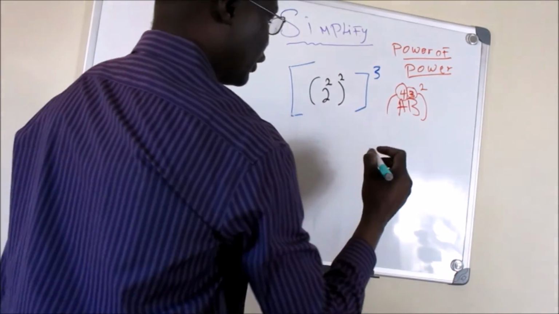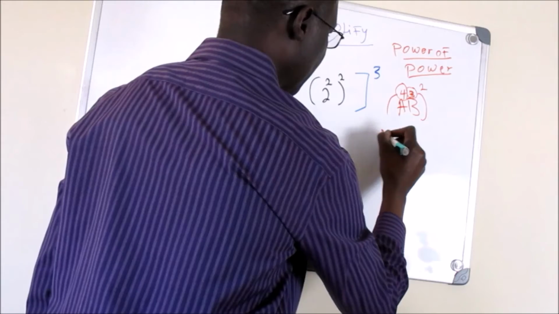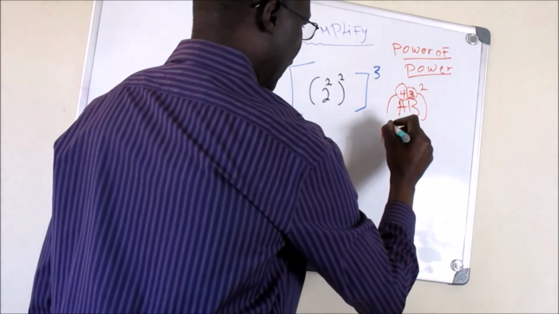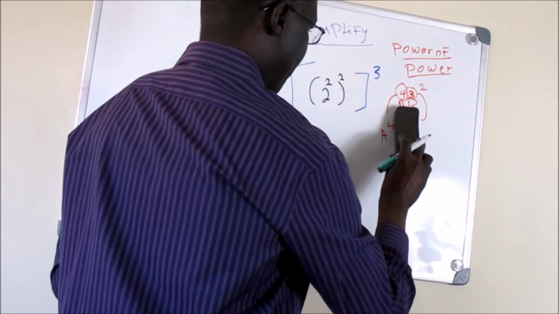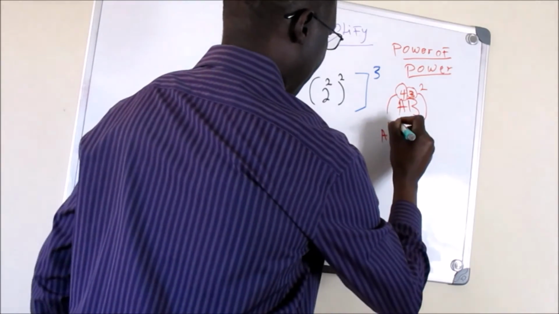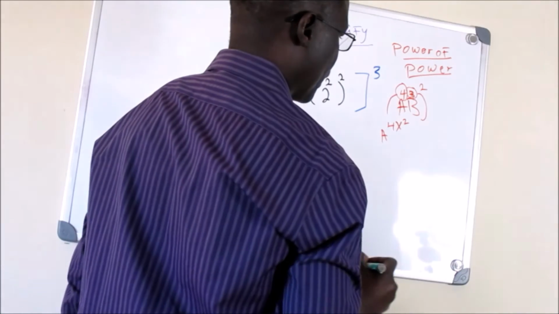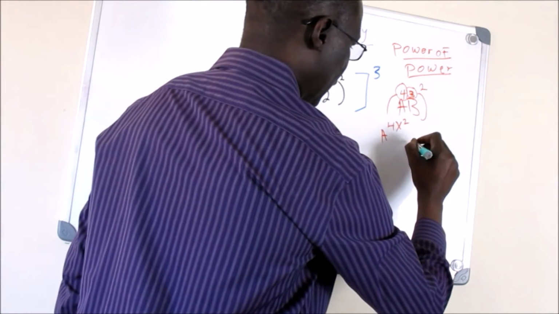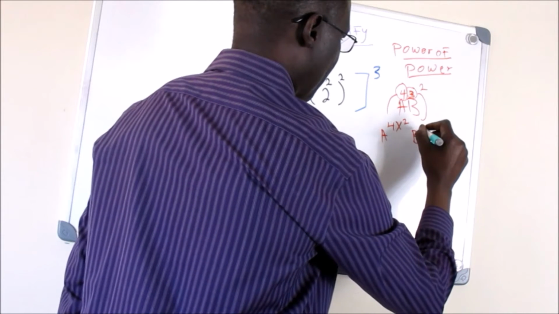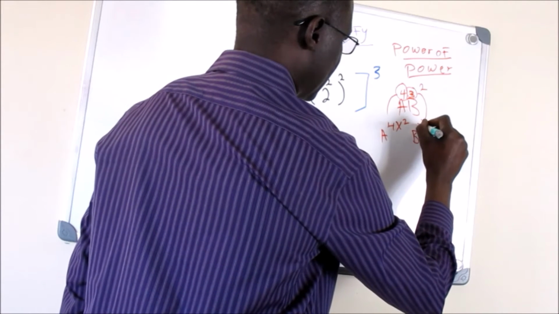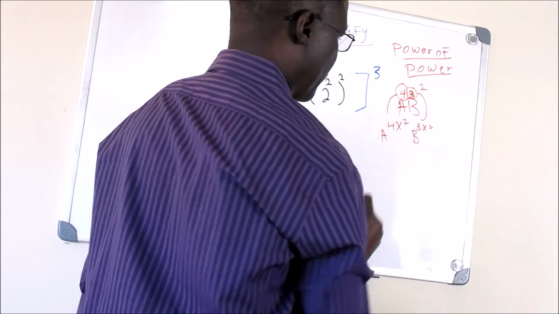So as you can see here, we're going to have A and 4 times 2, and the whole thing, and then you have B, 3 times 2.